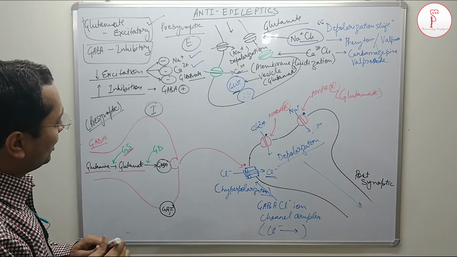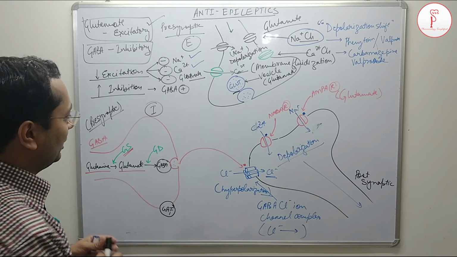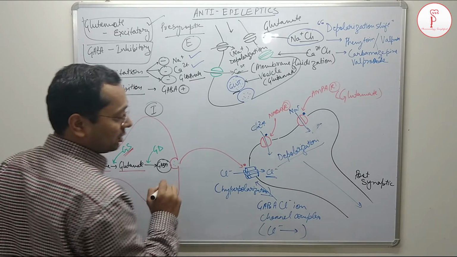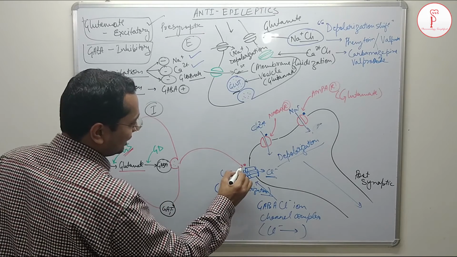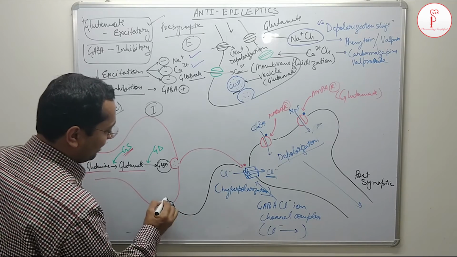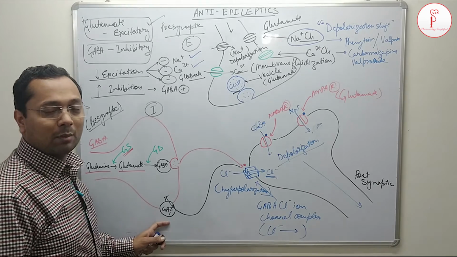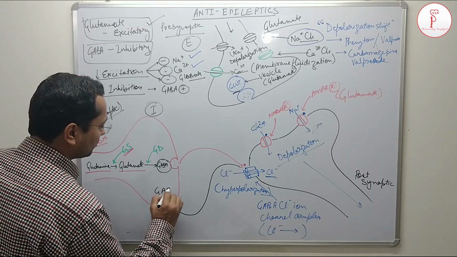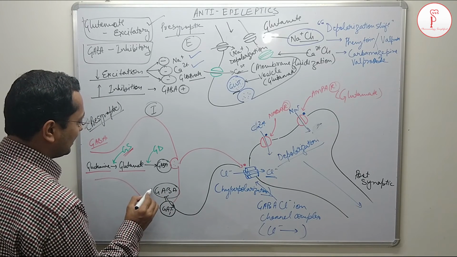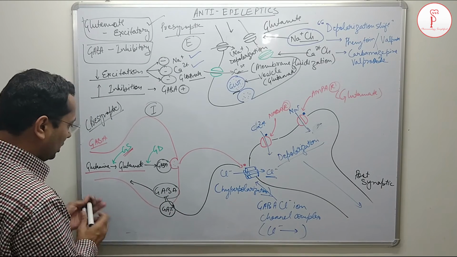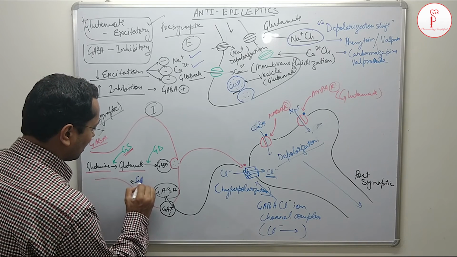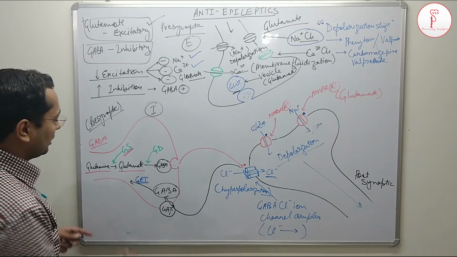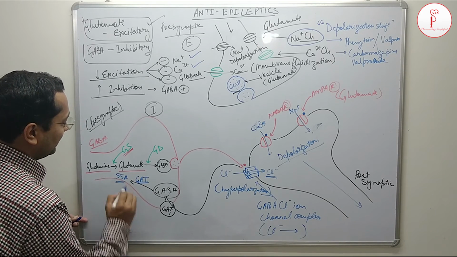Now, in order to increase GABA activity: after the action of GABA is completed, what happens? This GABA is reuptaken by GAT1, GABA transporter 1, and this GABA is acted upon by an enzyme called GABA transaminase, which converts it into succinic semialdehyde, SSA.